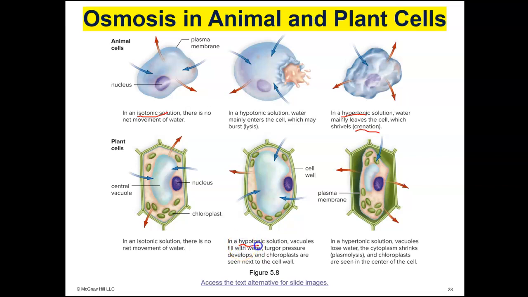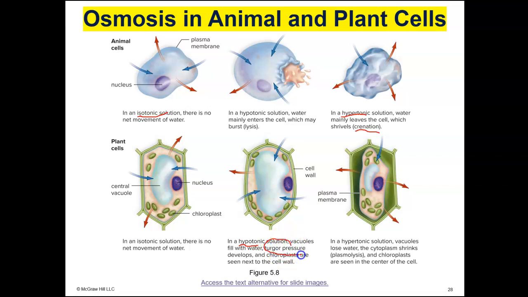It's going to start to fill with water. The central vacuole is going to fill with water, and it's going to push the chloroplasts up against the edge, but it's never going to burst because of the cell wall. So we call this turgor pressure. We say that turgor pressure develops.